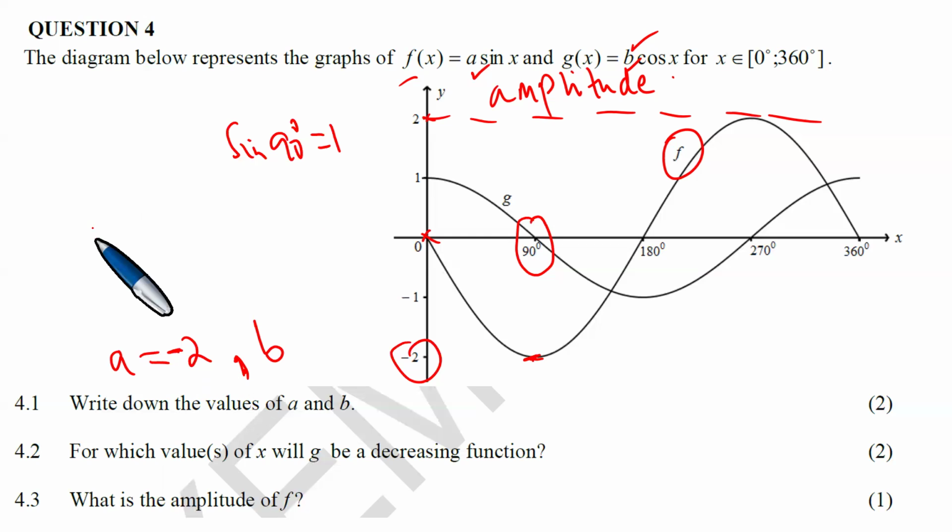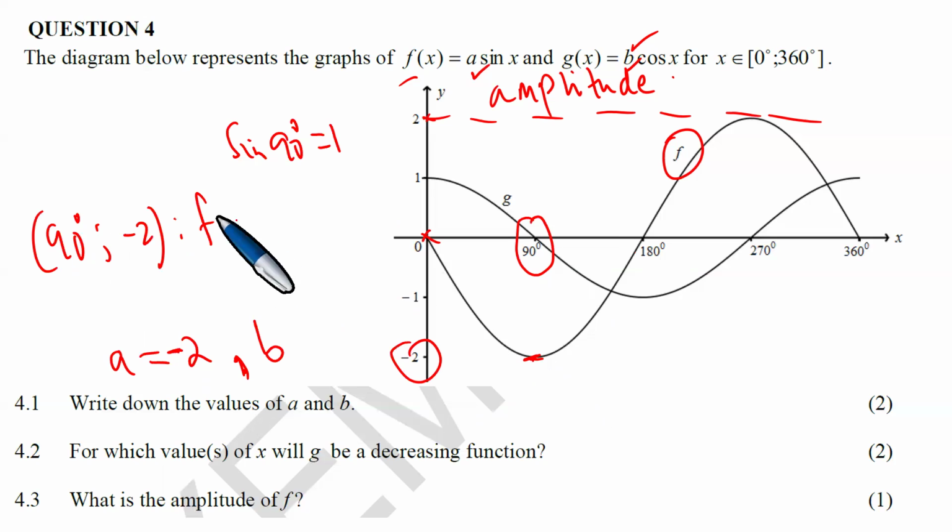Okay, but now you can use a trick here and take a point just to make sure you get the correct answers. Take x to be 90 degrees, and then y is minus 2. Take this function, y equals a sine x.